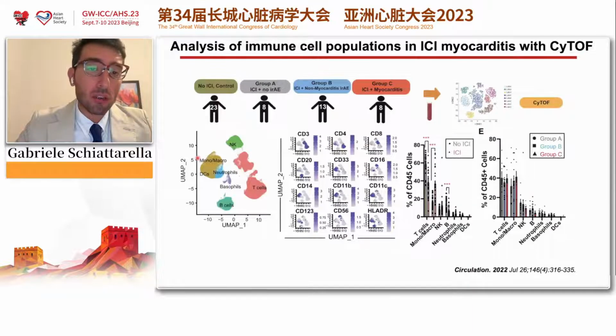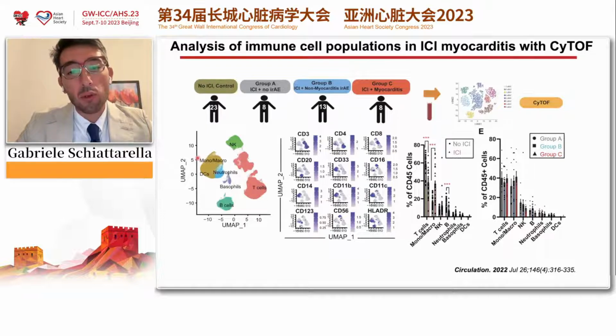So this group of investigators had done what has never been done before, to characterize the immunometabolic profile of circulating CD45 positive cells. So they give us really an atlas of the immune cellular composition in patients with ICI myocarditis.